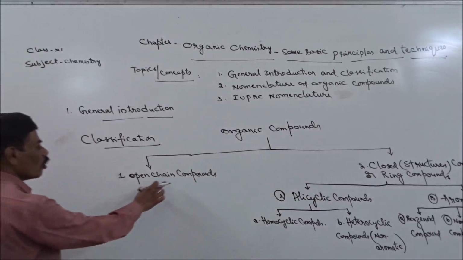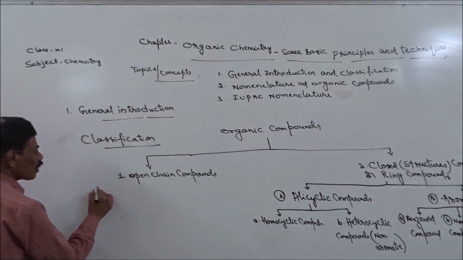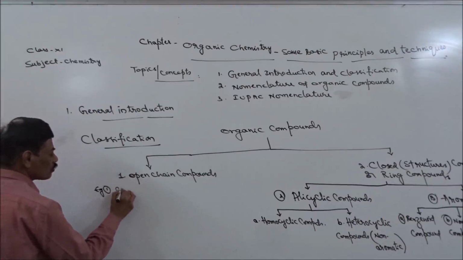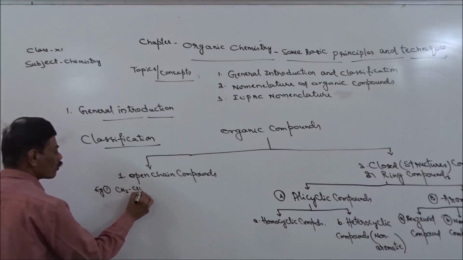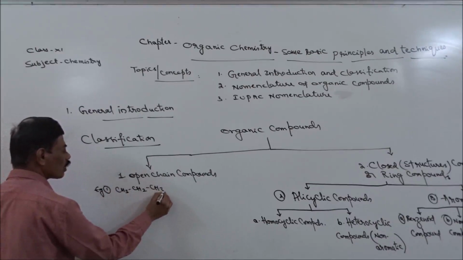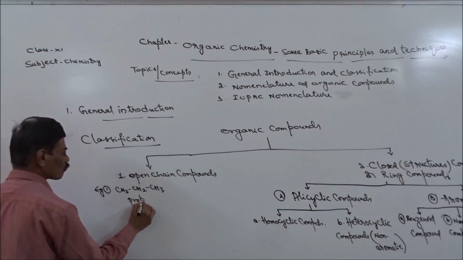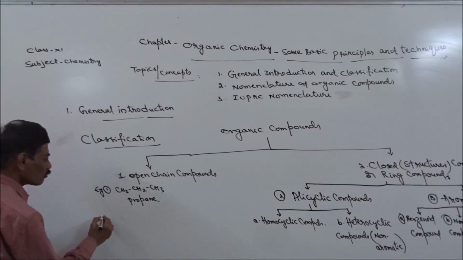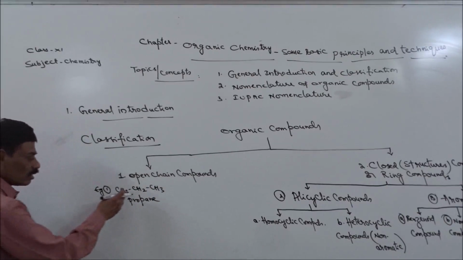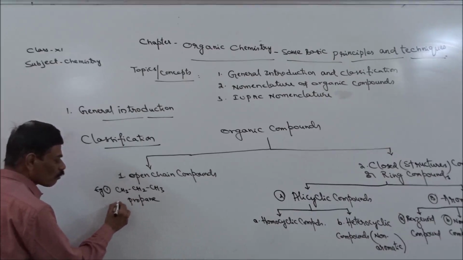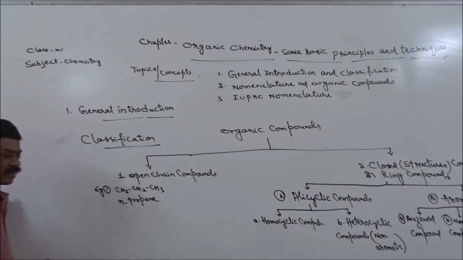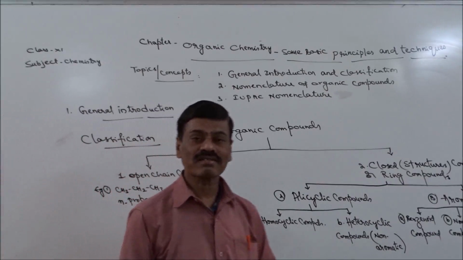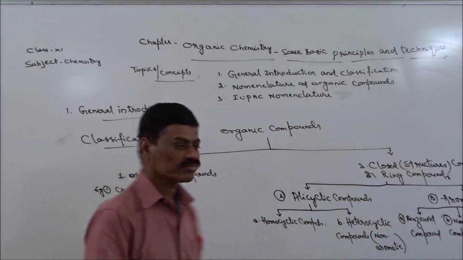First one is open chain compound. Example for open chain compound is propane. CH3, CH2, CH3. Right? And we can write here even the prefix N, N-propane. N for normal. In chemistry, normal means one which doesn't have any branch.